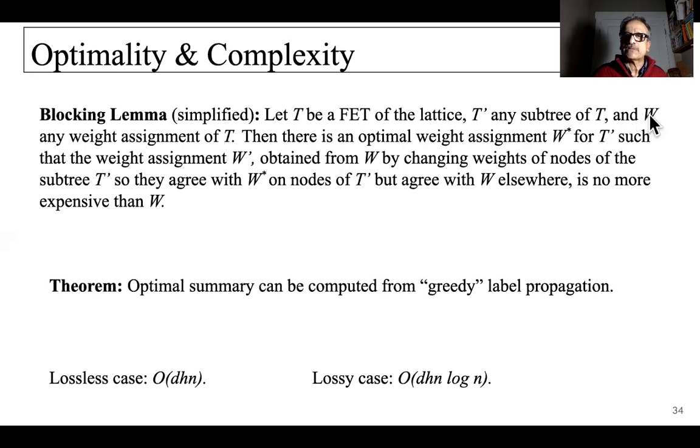And everywhere else, W remains unchanged. Okay, I will illustrate this in a picture in just a bit, but let me tell you that according to the blocking lemma, this operation is guaranteed to not increase the size, or what we refer to formally as cost, of the summary.